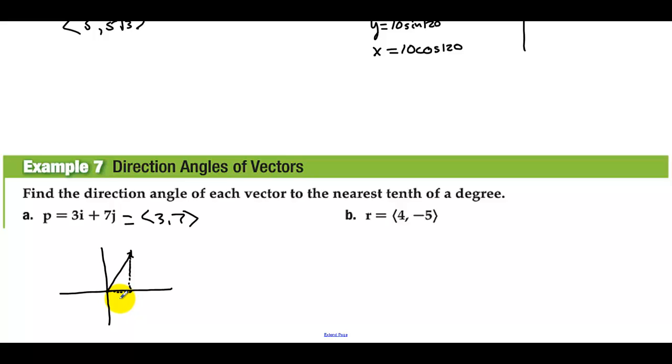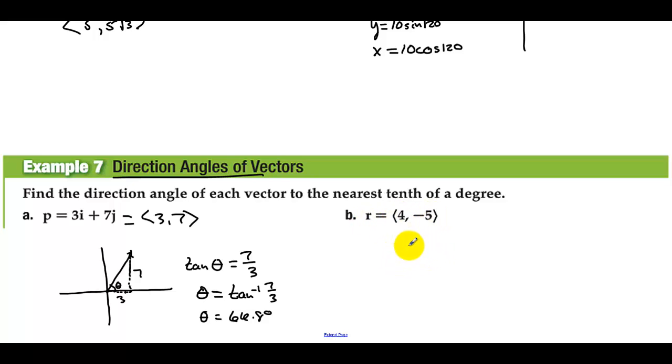The horizontal component is 3, the vertical component is 7, and we want to find the direction angle. Well, we can use the tangent of the angle. Let's call it theta. The tangent of theta is equal to 7/3. And so theta is equal to the inverse tangent of 7/3, which when we put this into the calculator is 66.8 degrees.